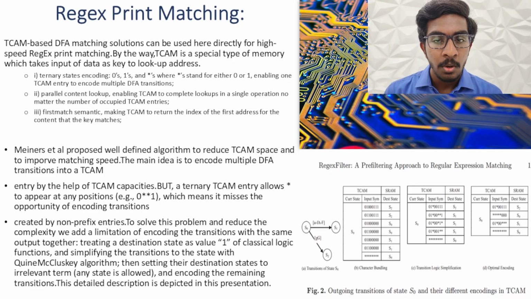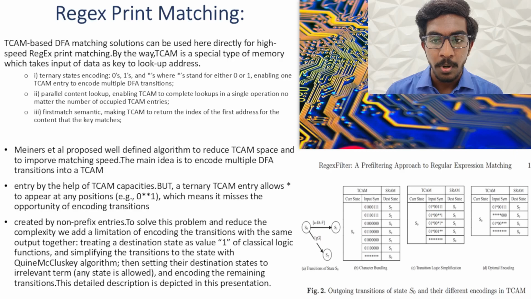The one who proposed it is Meiners et al. He used an algorithm to reduce TCAM space and improve the matching speed. Entry by the help of TCAM capacities, which means it misses the opportunity of encoding transitions created by non-prefix entries.